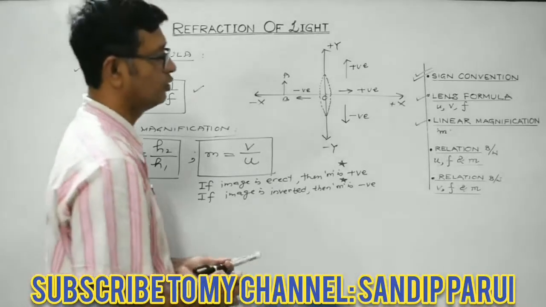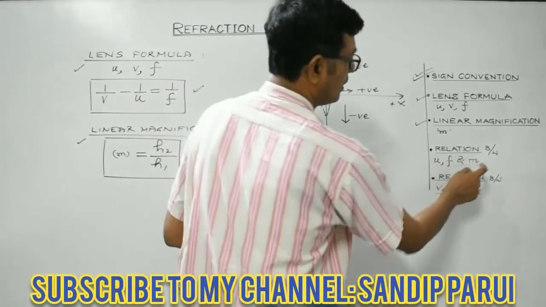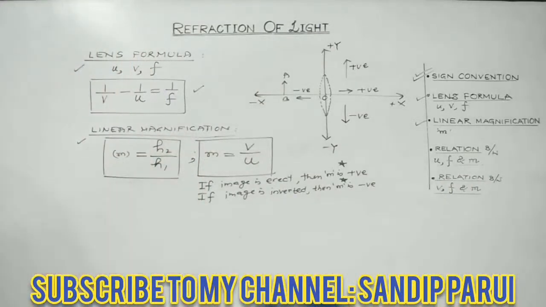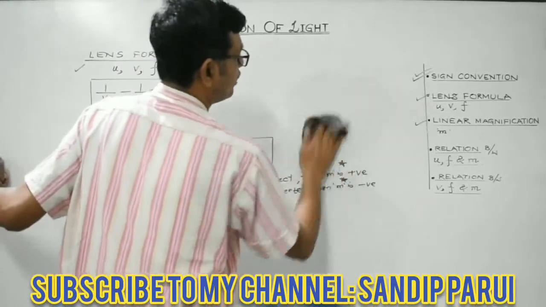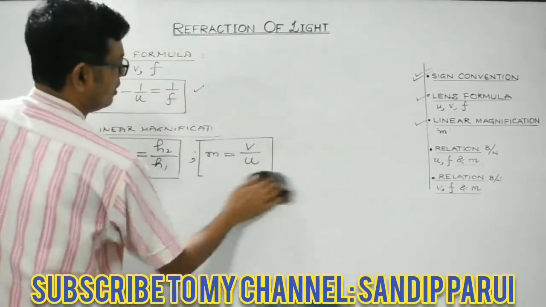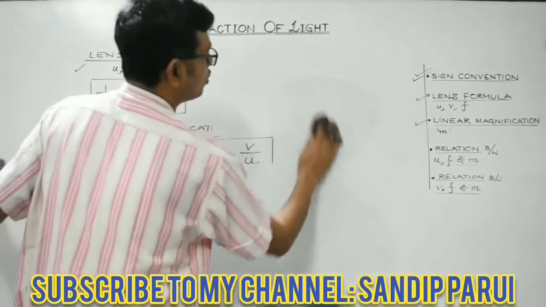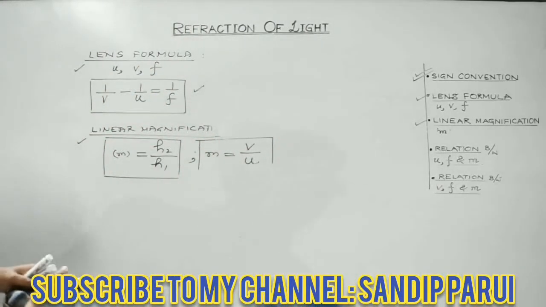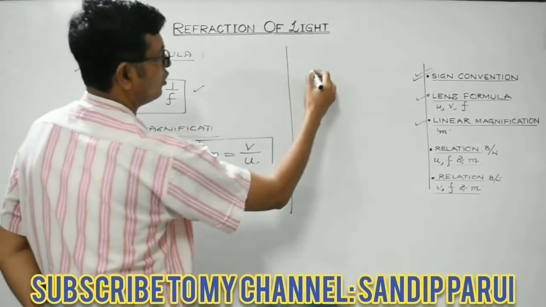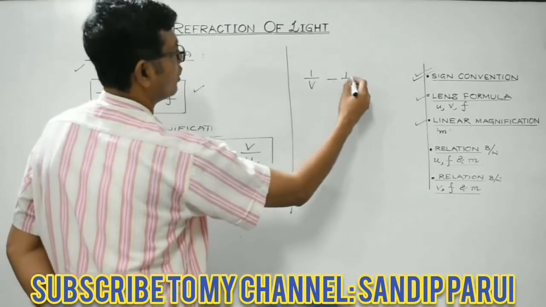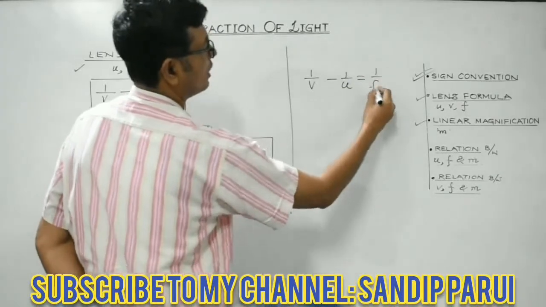Now we can also determine the relationship between u, f, m and v, f, m, and that also we can easily solve by using simple mathematical steps. So let's try to find out those relationships. We are aware of these 2 formulas. We know that 1 by v minus 1 by u is equal to 1 by f.